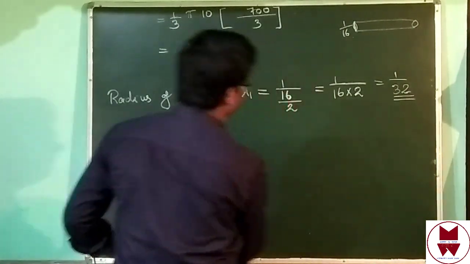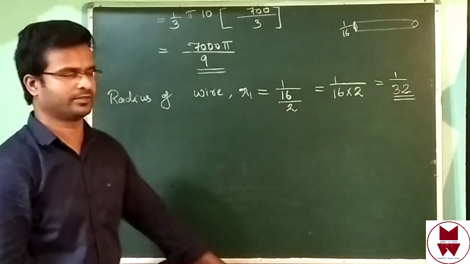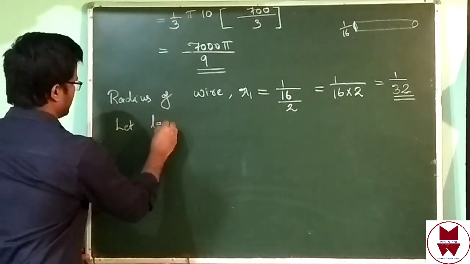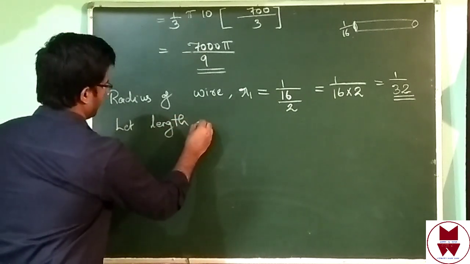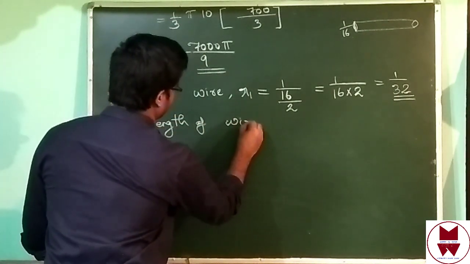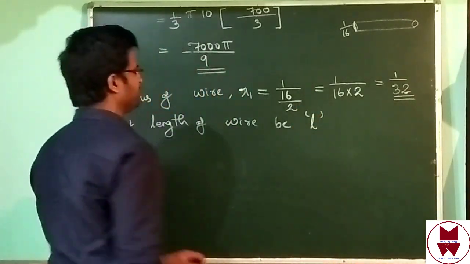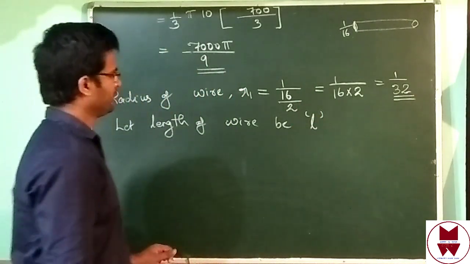What is our question? We have to find out the length of wire, isn't it? We can write, let the length of wire be L. That is the length of wire.